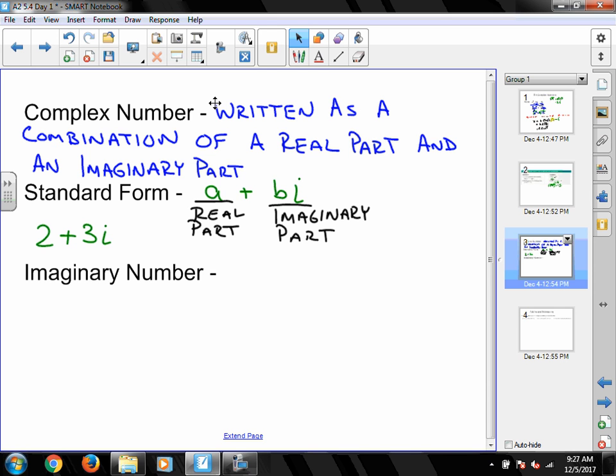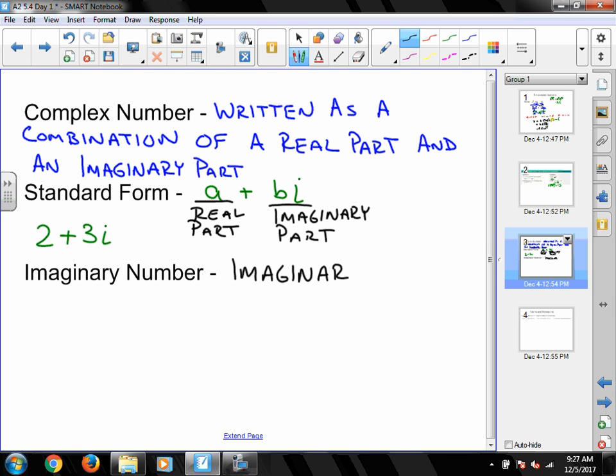And last but not least, the imaginary number is the imaginary part of a complex number.